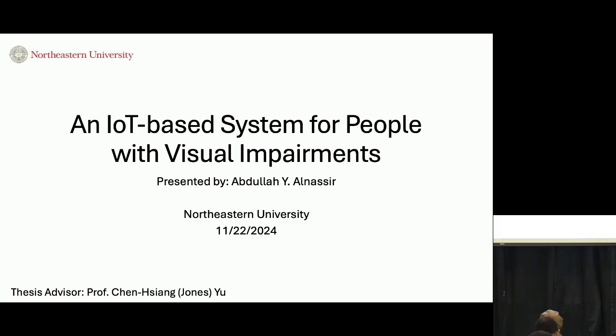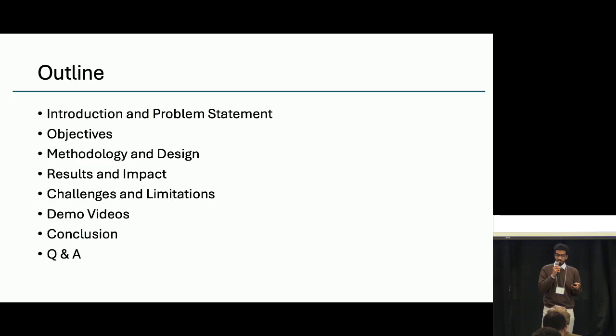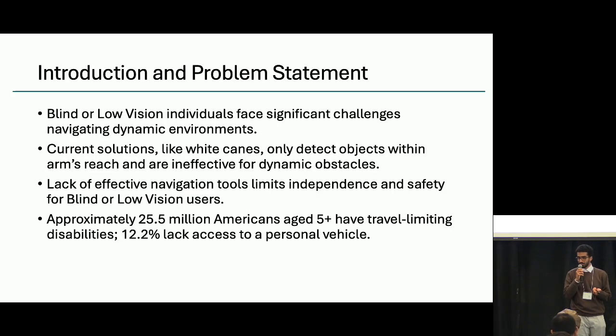First, I'm going to start by asking you this: do you know any of your friends, relatives, or any stranger that is blind or has vision issues? 1, 2, 3, 4, 5, wow, okay. Investors? No? Okay.